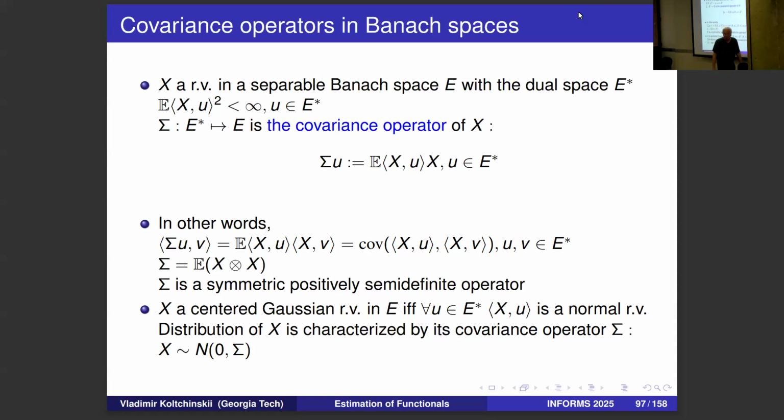Okay, that's what the covariance operator is. It's a symmetric positively definite operator from E star into E. And in the case of centered Gaussian random vectors, it gives a complete characterization of the distribution, as we have in finite dimensional cases.